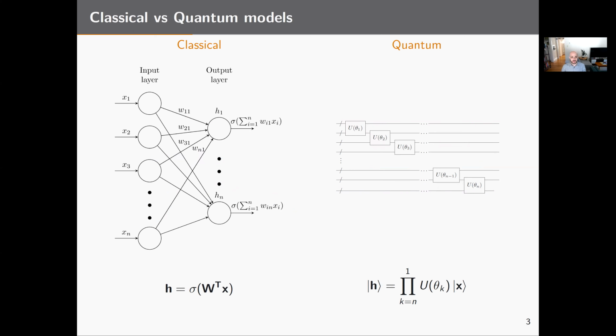To give some intuition as to why these models are sometimes called quantum neural networks, let's look at the case where we compare it against a classical neural network. If we look at a classical neural network, we have a sequence of n inputs here.